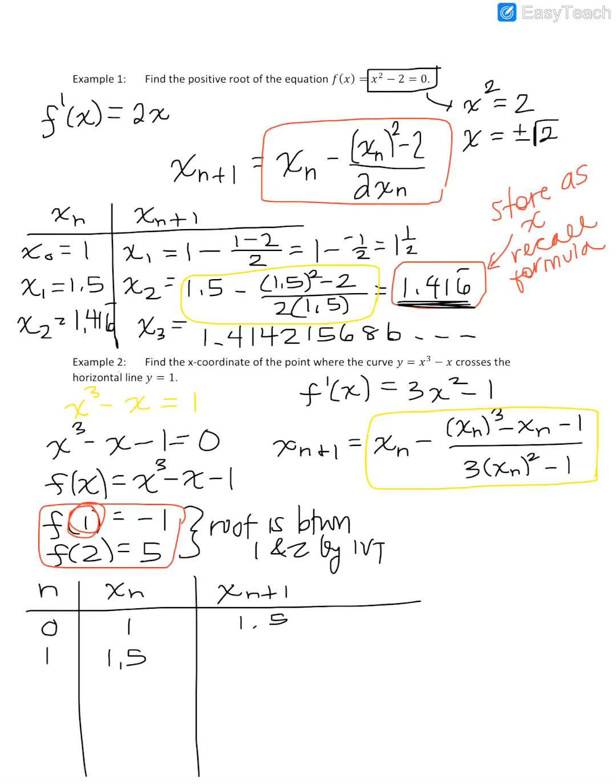I'm storing the 1.5 as x, recalling my equation that I circled in yellow, and now I get 1.347826087. That is now my x2.